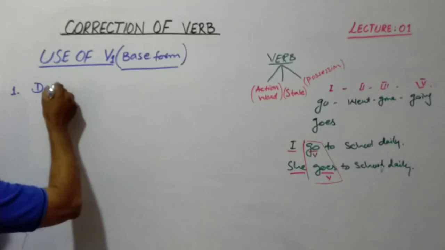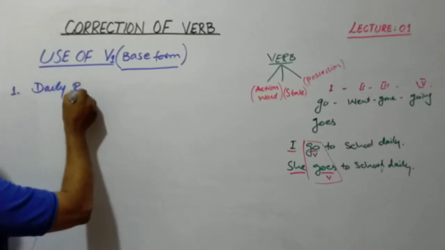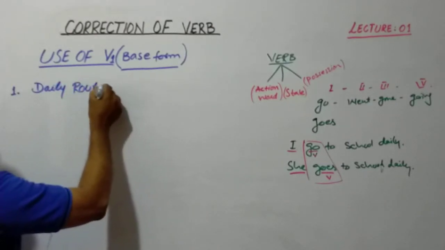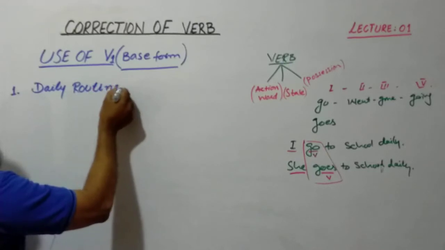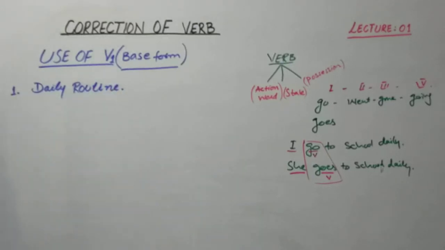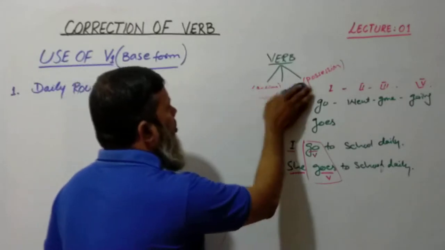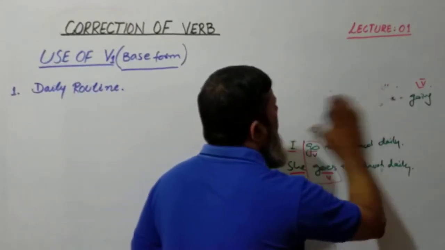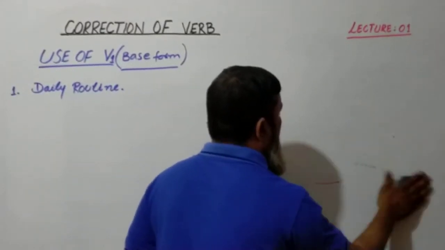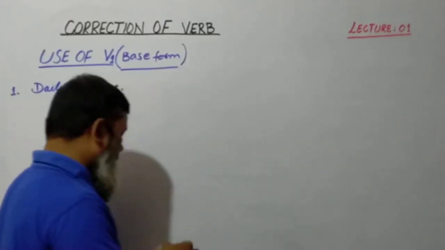When we talk about the daily routine, we use the first form of the verb. In daily routine, suppose I get up early in the morning, I go to office on time, and she goes to school regularly. So these are called the daily routine. So in daily routine, we use the first form of the verb.